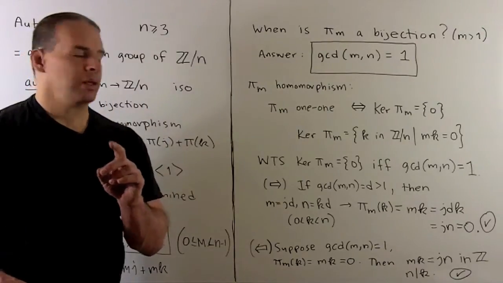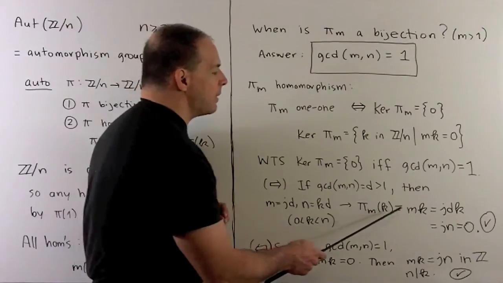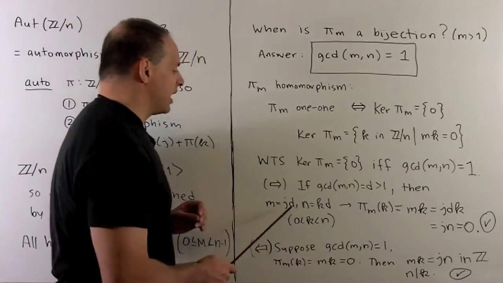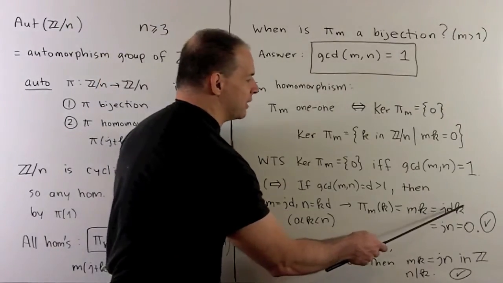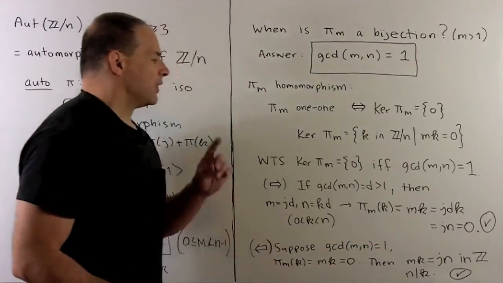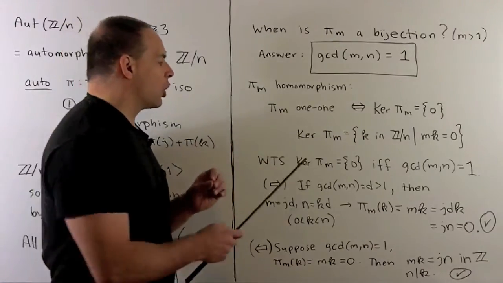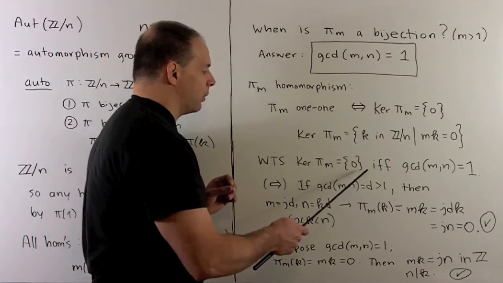That means if I apply pi sub m to k, then we'll have m times k, but m is equal to j times d. I push the d over to the k, and that becomes n. So this is going to be equal to 0. That means we actually have an element in the kernel, so we can't have the kernel equal to only 0.